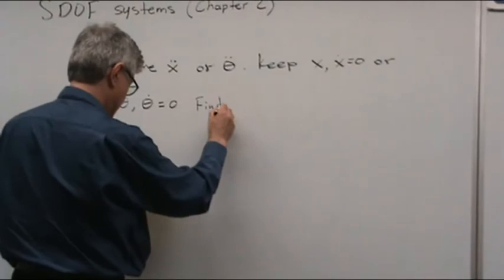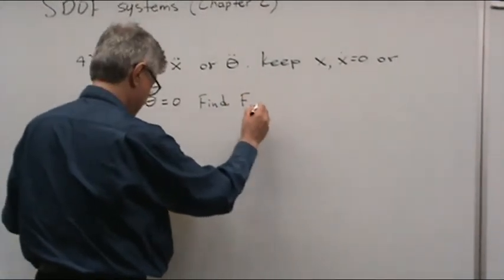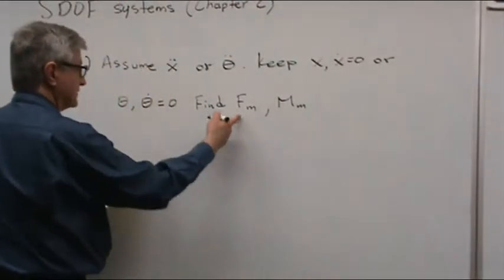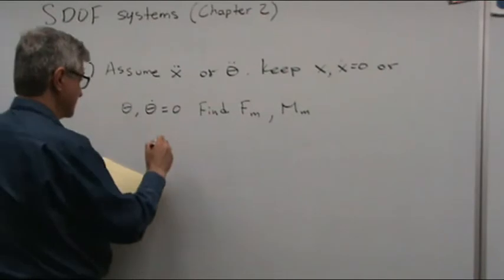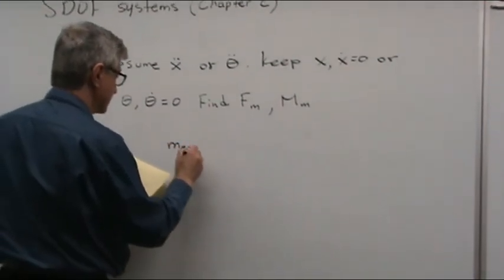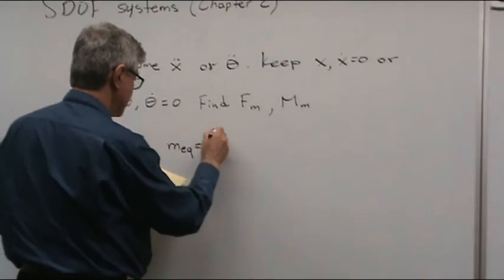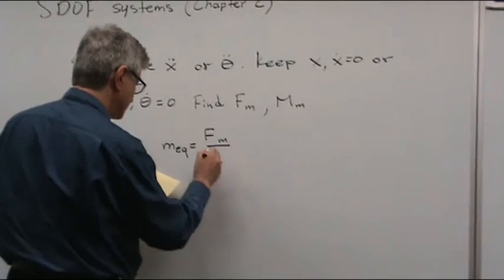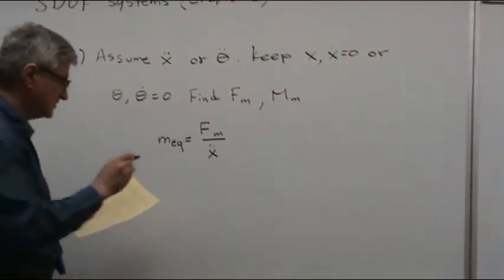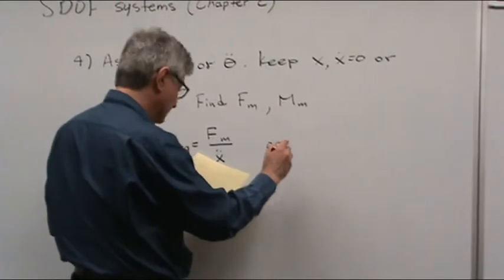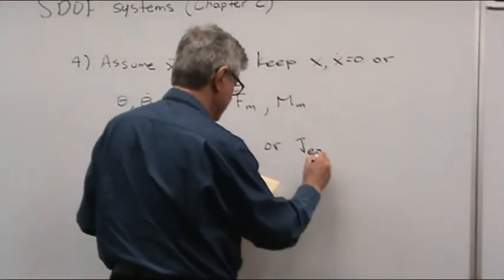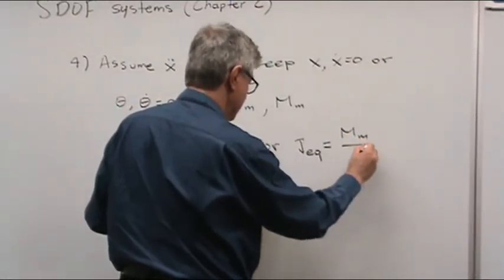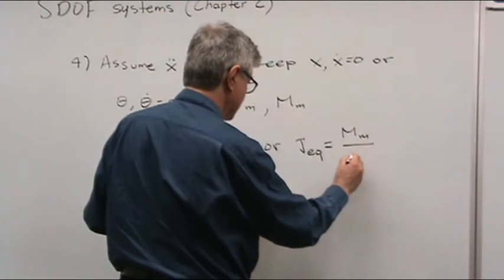You find Fm, the forces and moments to produce this result, and then the equivalent mass is Fm divided by the acceleration, and if you work with rotations, the equivalent moment of inertia is Mx divided by x double dot.